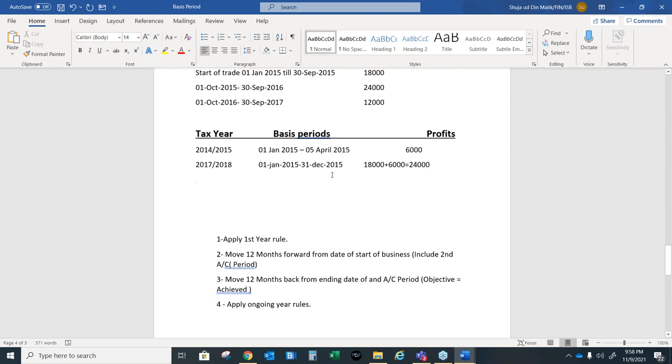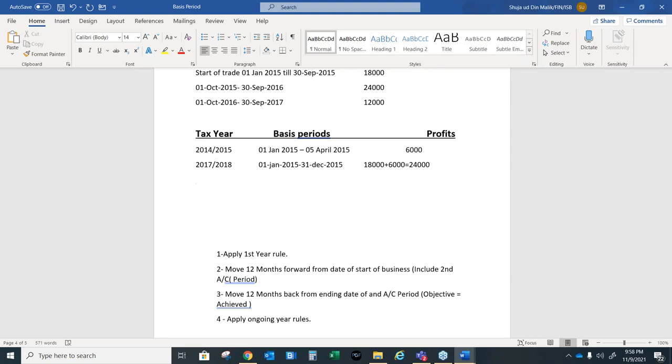I move forward. See, the objective is still not achieved. This is 31st December and we are preparing our accounts till 30th September. Now, what we will be doing is, the next tax year will be 18, 19. Yes. So we have already used some months of the second accounting period.